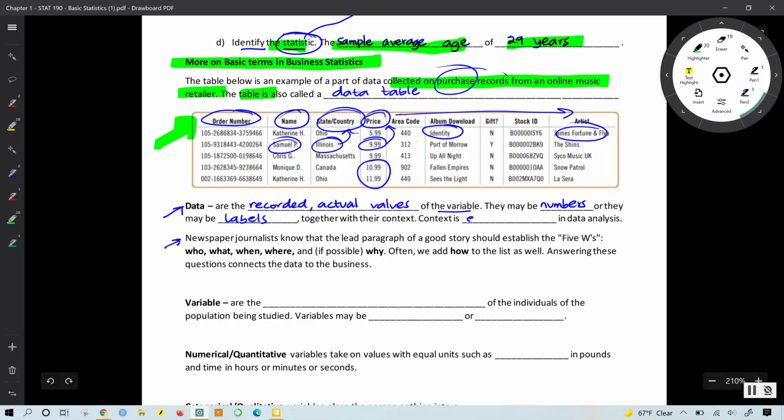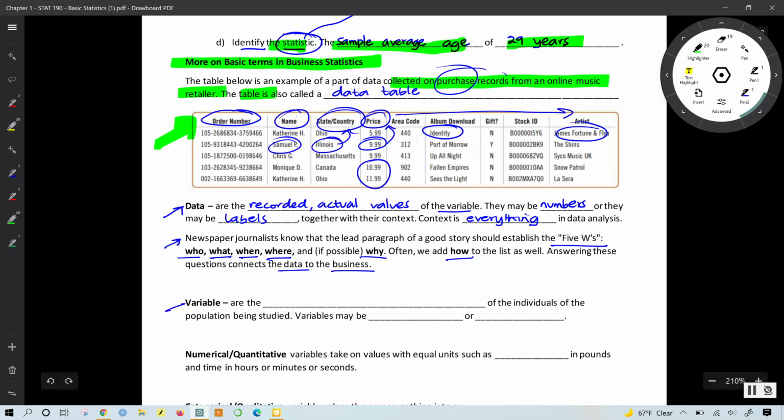And so we note that context is everything in data analysis. In order to establish the context of the data, they ask questions pertaining to the 5 W's: who, what, when, where, and why. Sometimes we even ask how this data was collected, and that helps to add value to the process of using data to back business or organization decisions.